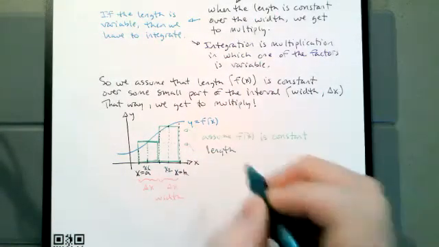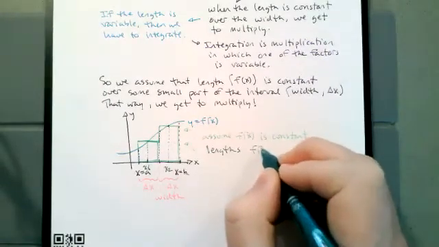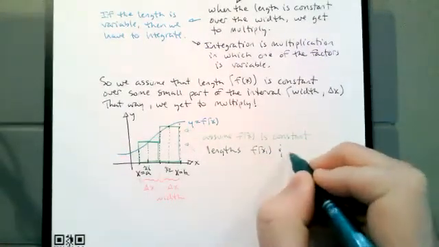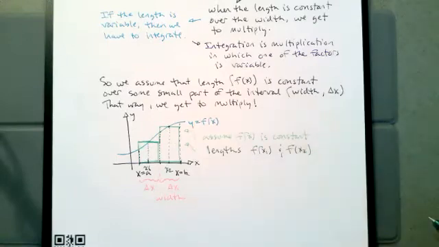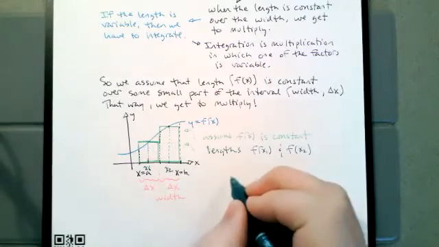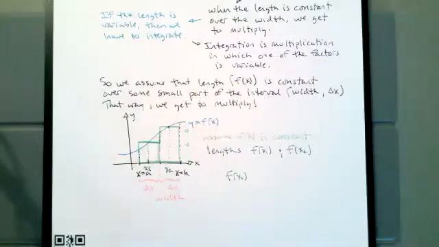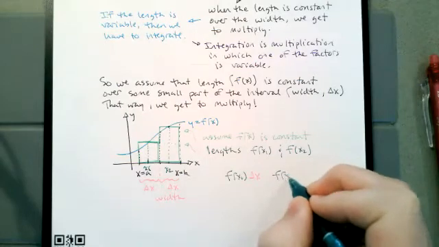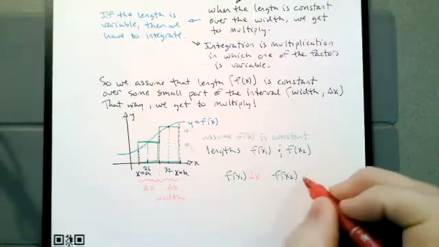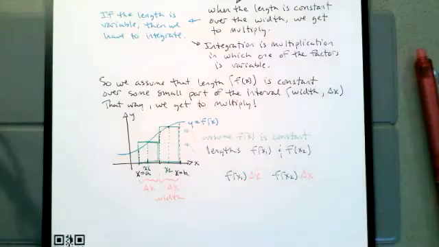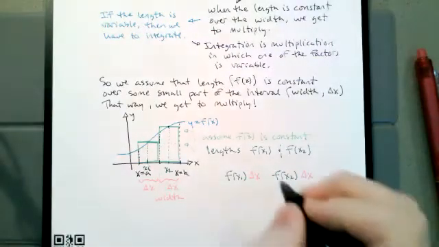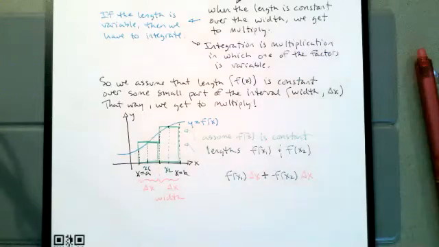So the lengths are f at x1 and f at x2, and the widths are both delta x. So I just do length times width, f at x1 times delta x, and f at x2 times another delta x. And then we just add them up. Any questions?